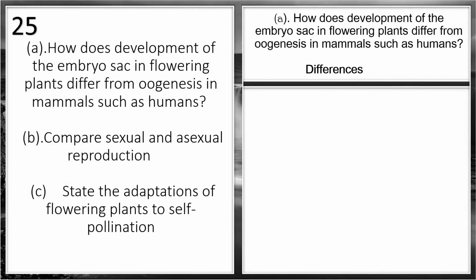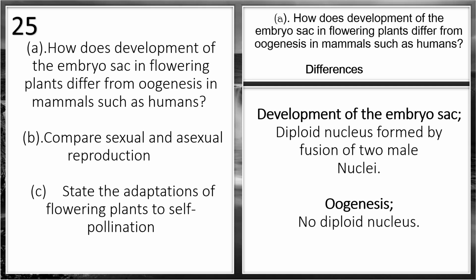Differences. Development of the embryo sac, diploid nucleus formed by fusion of two male nuclei. In oogenesis, no diploid nucleus.